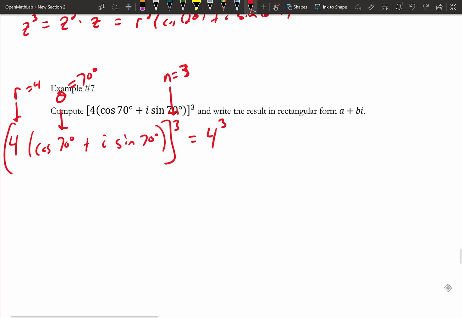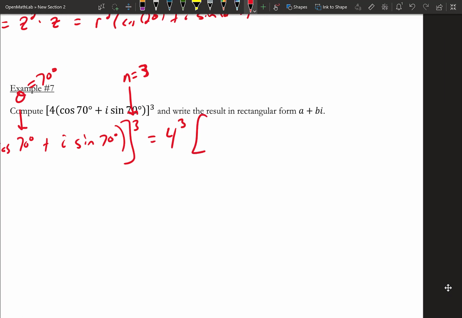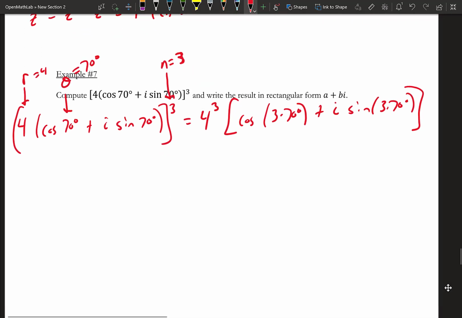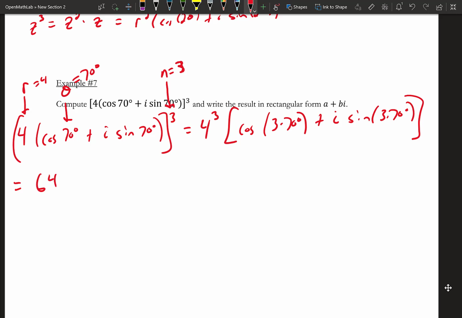So we'd have 4 cubed times cosine of 3 times 70 degrees plus i times sine of 3 times 70 degrees. 4 cubed is 64, so this gives me 64 times cosine of, 3 times 70 is 210 degrees, plus i times sine of 210 degrees.